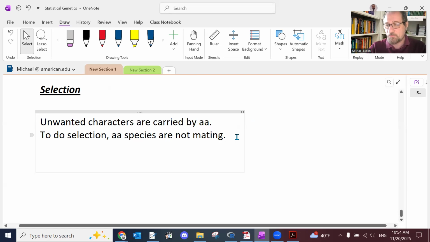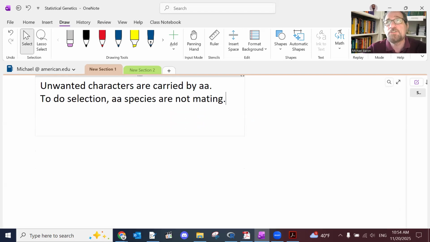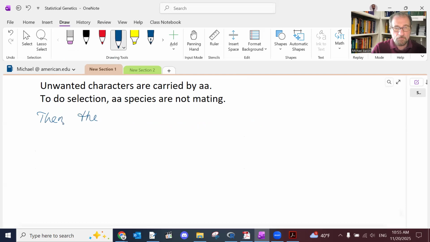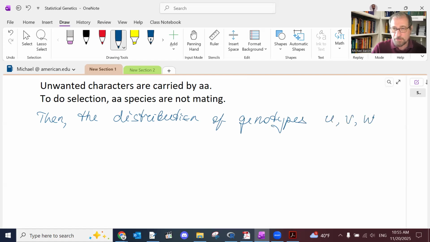How does this affect our calculations? So what will be the distribution of genotypes? It was U, V, W, right? The proportions of the 3 available genotypes, pairs of genes.